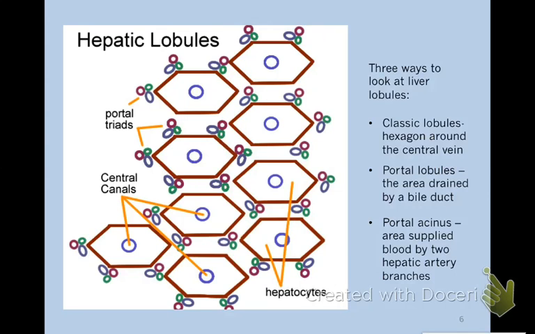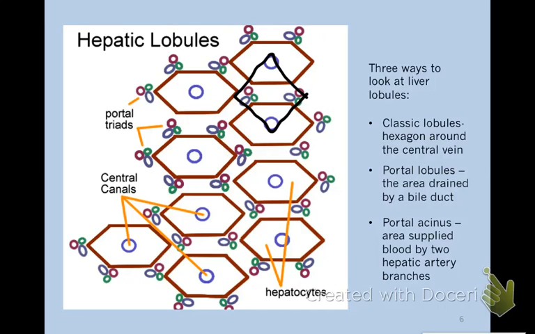The next way to define something is with the portal acinus. A portal acinus is the area supplied blood by 2 hepatic artery branches. So if we look at 2 hepatic artery branches, such as here and here, the area that they supply would look something like this, a diagonal area.